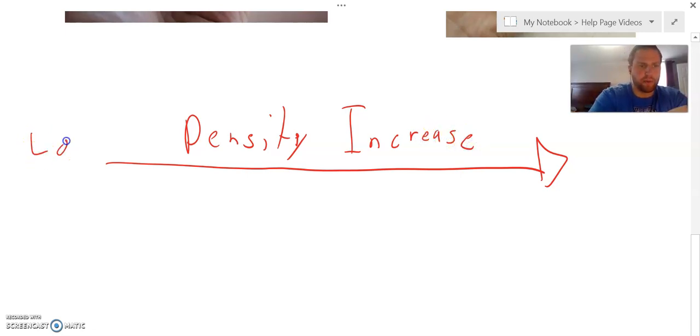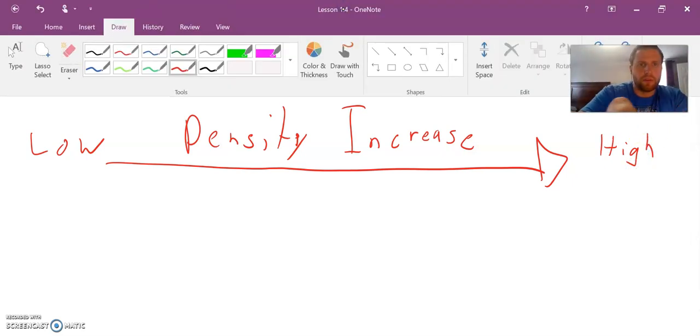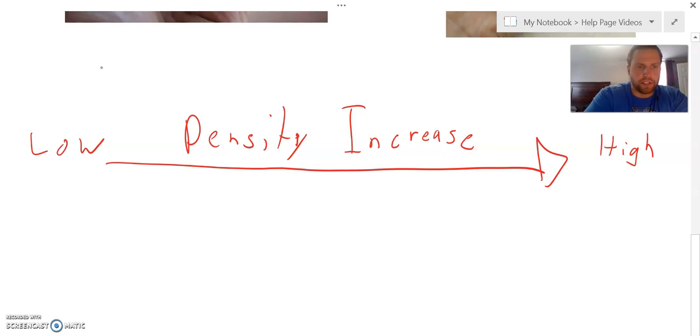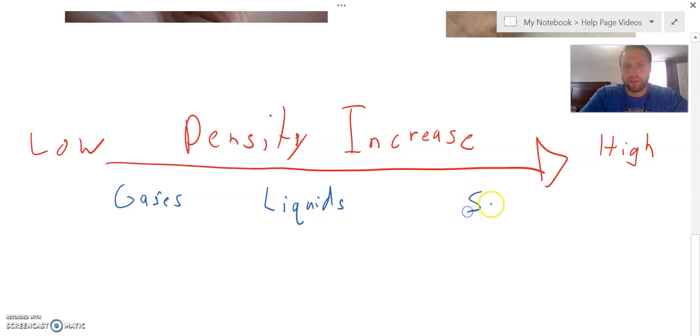So this side represents low, this side represents high densities, and we will write in the densities that occur. So gases will always have your lowest density. Your moderate densities will be with liquids, generally speaking. And your highest densities will always be with solids.